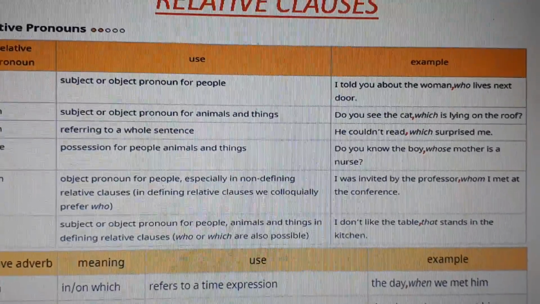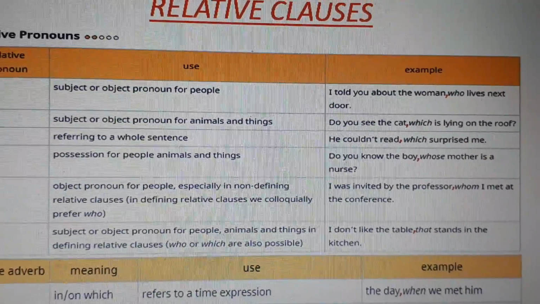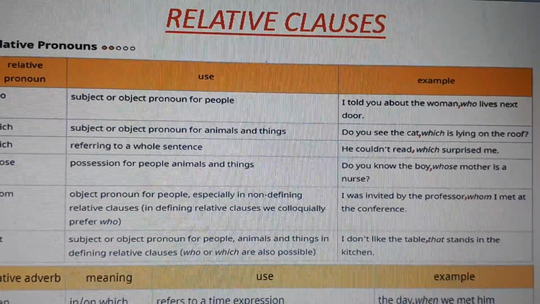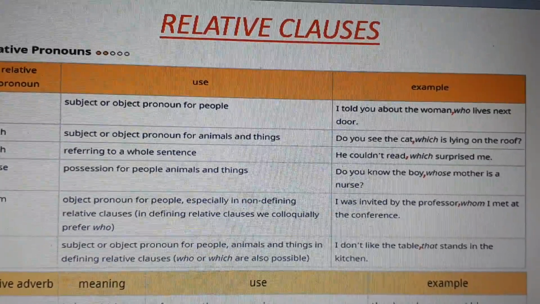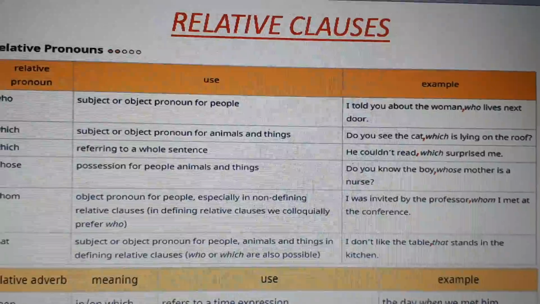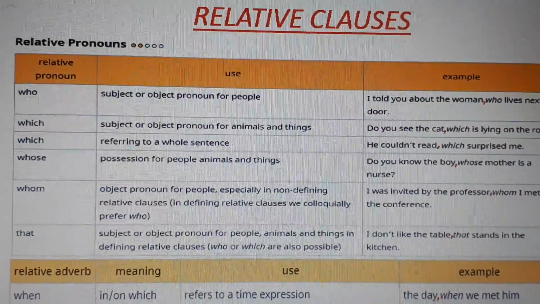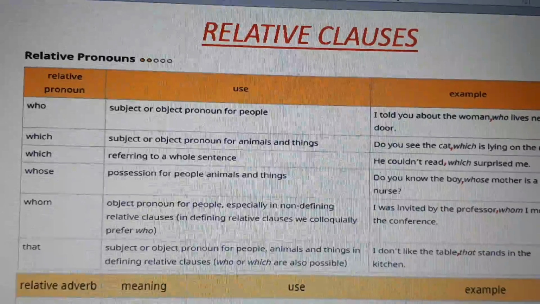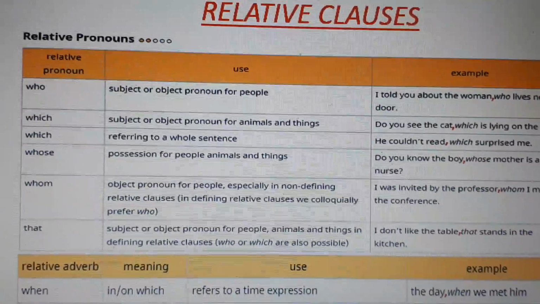Example: do you know the boy, comma, whose mother is a nurse? Between the boy and the relative pronoun, we have a comma. That can help me to identify where I am going to put the relative pronoun.